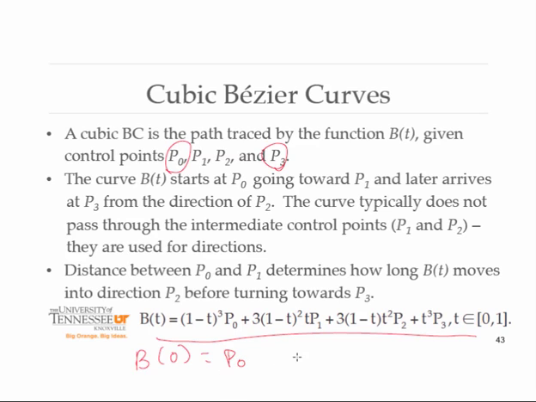And if you were to plug in 1, by the time t gets to 1, it's going to knock out all these other terms because they involve a 1 minus t to a certain power. It's going to give you P3. So it's a way of tracing from P0 to P3 in certain directions using, again, a linear combination of quadratic Bezier curves.